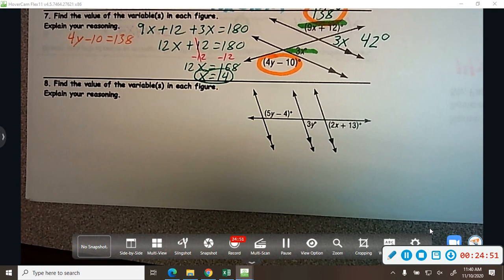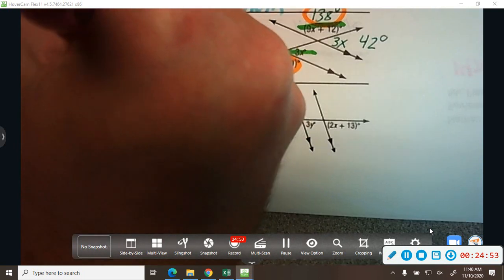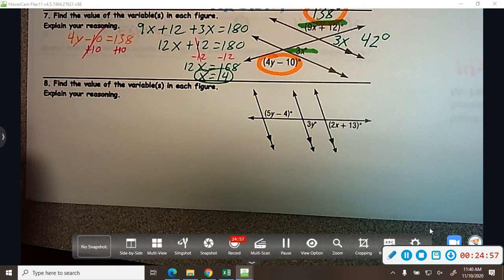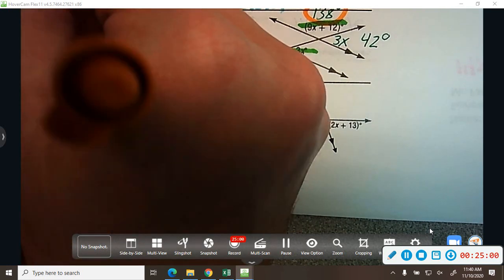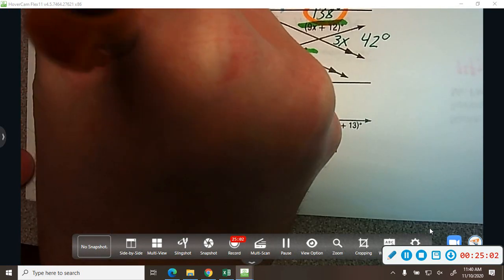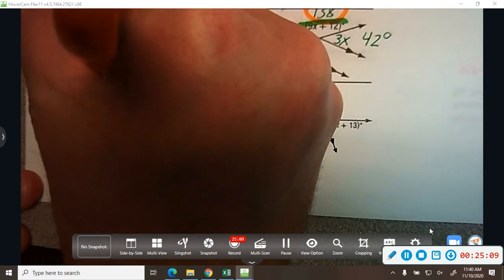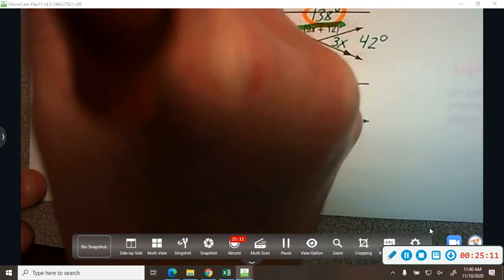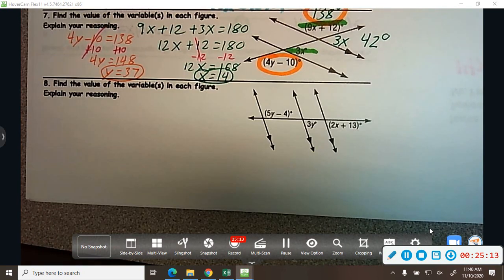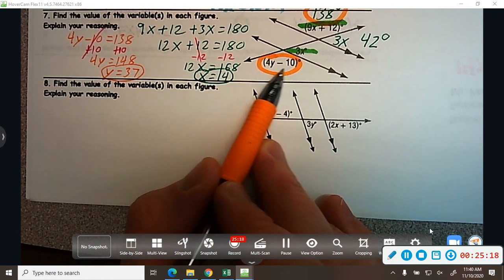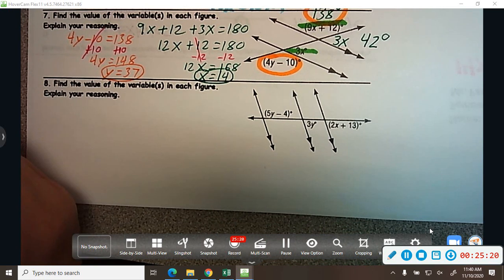So I'm going to add 10 to both sides. Four y, 148. 148 divided by 4 and I get 37. So that doesn't mean y is 37 degrees. It means if you plug 37 in here, you can find the measure of that angle. So I found my y, I found my x. That's all.